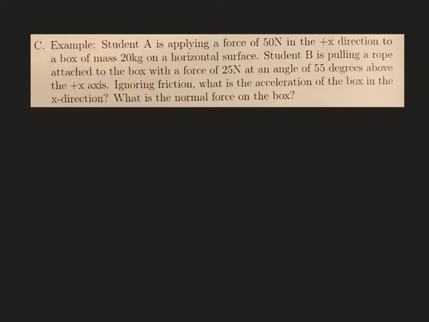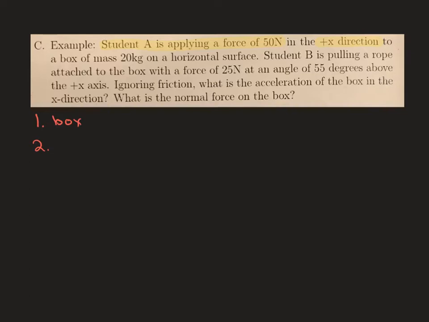Alright, so step 1 is to pick an object. Since all of these forces can be applied to the box, and we want to know the acceleration of the box and the force normal on the box, it's a pretty good indication that we should sum forces on the box. Now let's go back through our problem and look for all the forces. So we have student A applying a force of 50 newtons in the positive x direction.